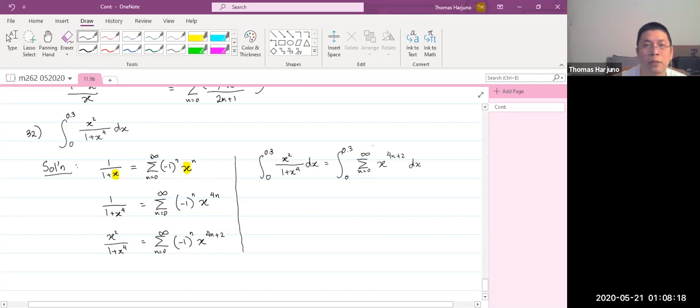Oops, I missed the alternator. And that will be the series from 0 to infinity of (-1)^n x^(4n+3) over (4n+3), evaluated from 0 to 0.3.